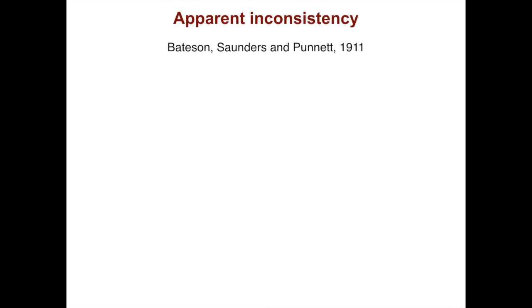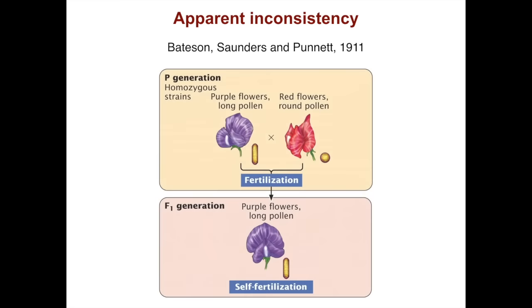So Bateson, Saunders, and Punnett in 1911 noticed an apparent inconsistency. Looking at these plants here, they had pure breeding strains that contained purple flowers and produced long pollen. They also had another strain that always produced red flowers and round pollen.